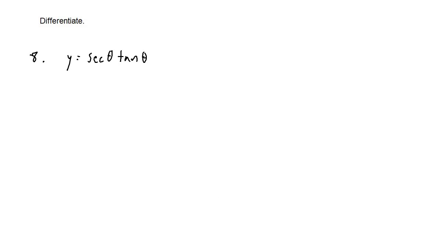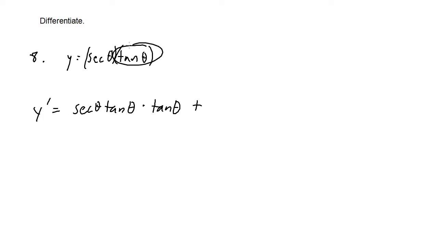So now for number 8, we have y equals secant theta times tangent theta. Because we do have secant theta and tangent theta being multiplied, we do have to use the product rule. So y prime is going to equal the derivative of the first function. So derivative of secant theta is secant theta tangent theta times the second function unchanged, just times tangent theta, plus the derivative of the second function, derivative of tangent theta is secant squared theta, times the first function unchanged, so times just secant theta.